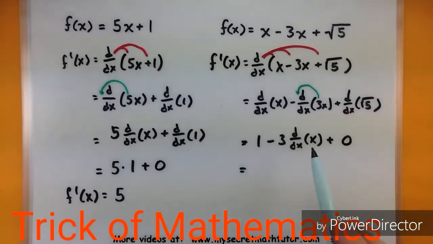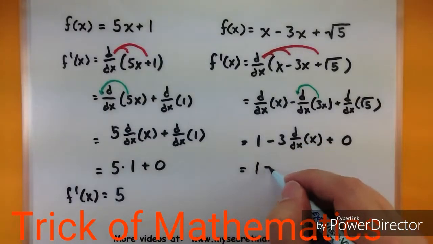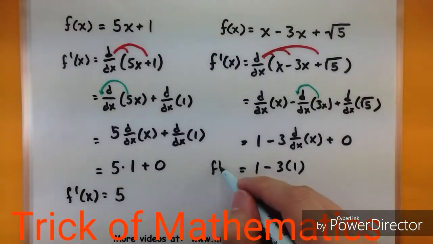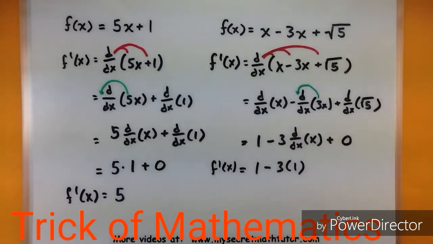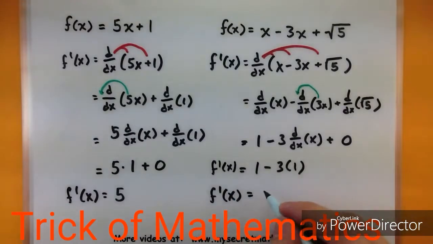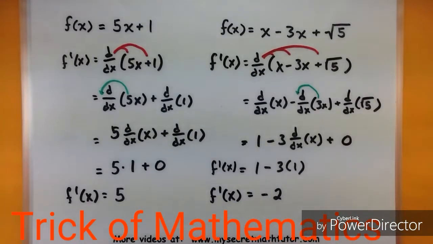Now this is the last derivative I have to do, and of course the derivative of x is 1. So what do we really have left? The derivative of f is 1 minus 3, or negative 2.